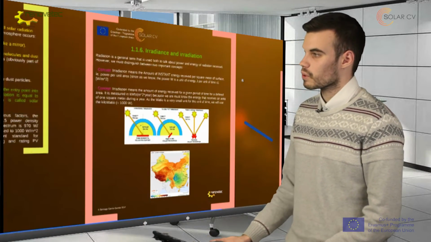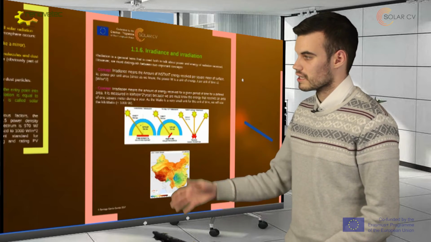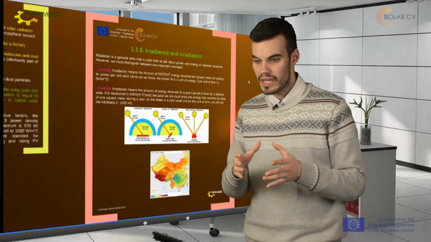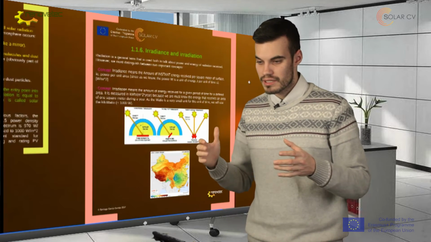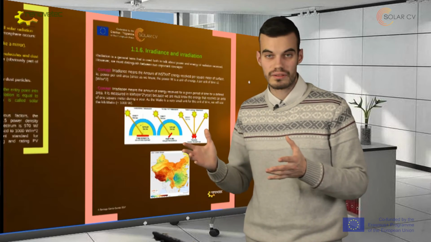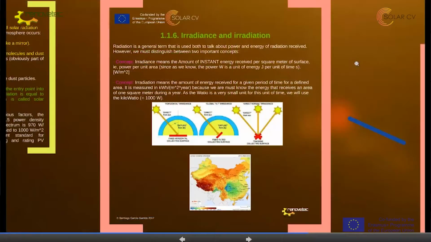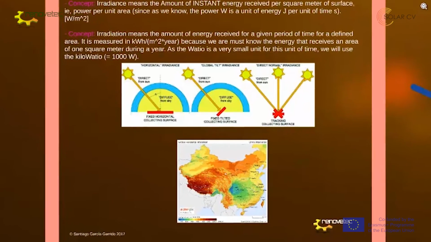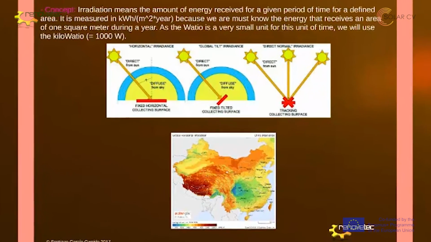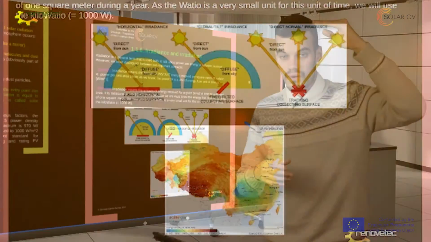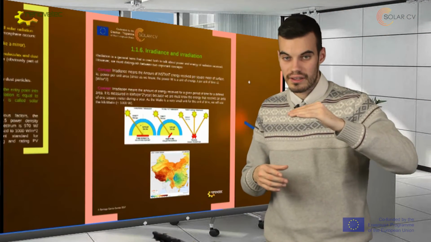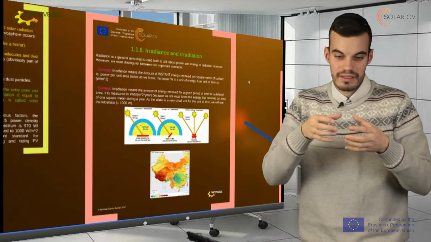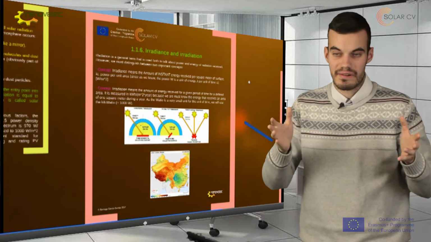Now we have probably the main concept in this first element, and this is irradiance and irradiation. These concepts are based on radiation, but they are not the same. Irradiance is the instant energy received per meter square, i.e. we have radiation being transmitted from the sun to the earth, and we need a concept to consider this for a given area.